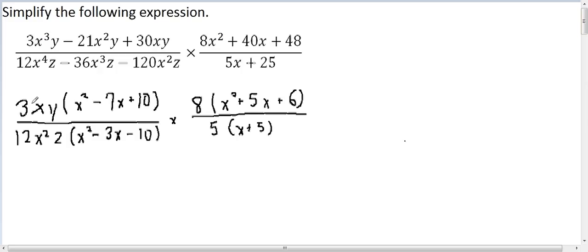So let's go ahead and do that. 3 and 12 have a factor of 3 in common. So we'll be left with 4 if we divide both 3 and 12 by 3. If we compare x and x squared, we can divide out a factor of x from both of these variables, and we'll be left with x.